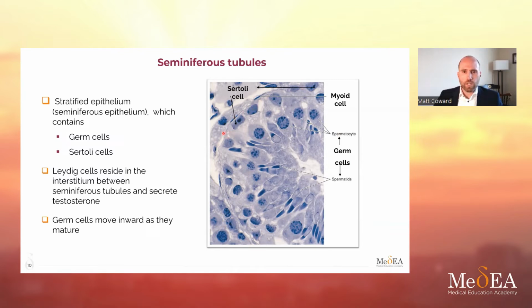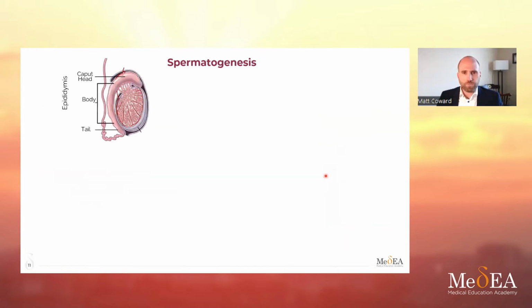These are large cells that nourish the germ cells through spermatogenesis. The tubule is invested by a cell layer of myoid cells. And in the interstitium are the Leydig cells, which secrete testosterone. Germ cells move inward from the basement membrane towards the lumen, which is here, throughout spermatogenesis.